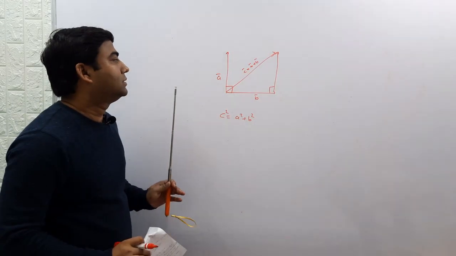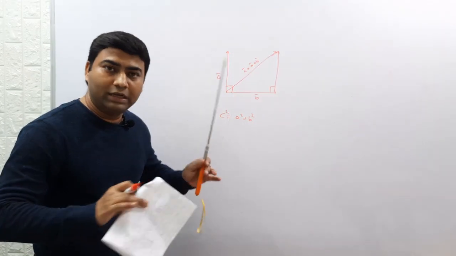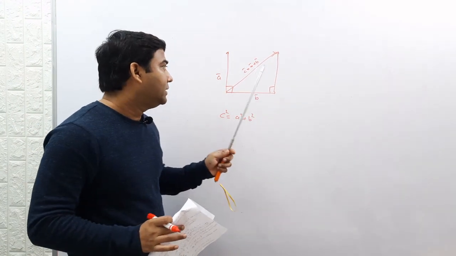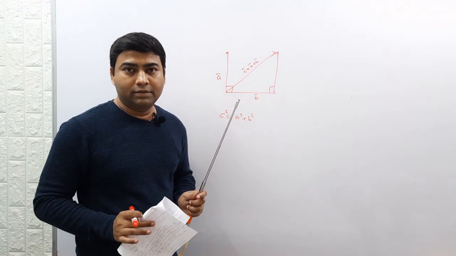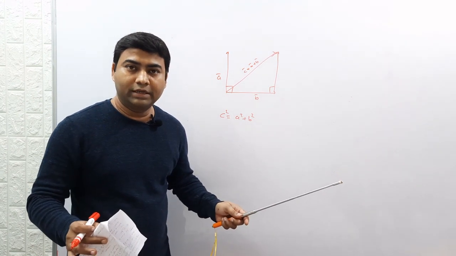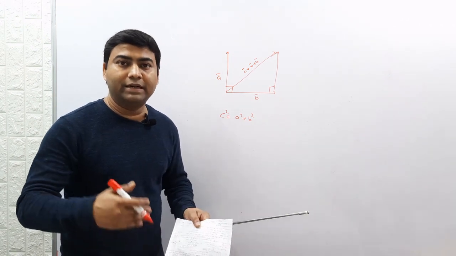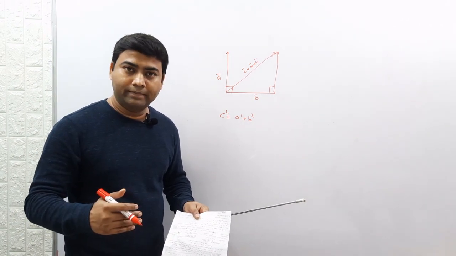You have to just remember this technique to solve all types of vector problems. All types of vector problems you can solve by right angle triangle techniques. Divide those vectors in vertical and horizontal components. Find their resultant vector in vertical and horizontal direction.